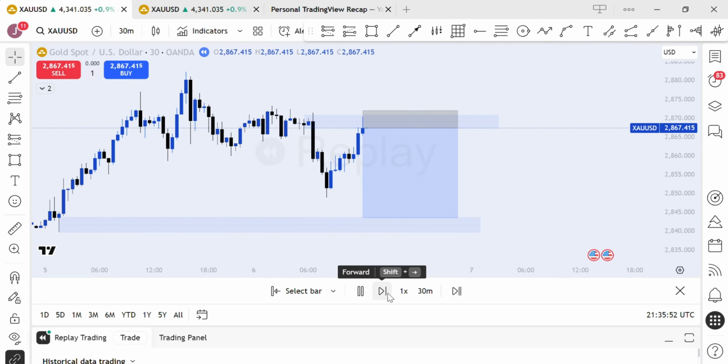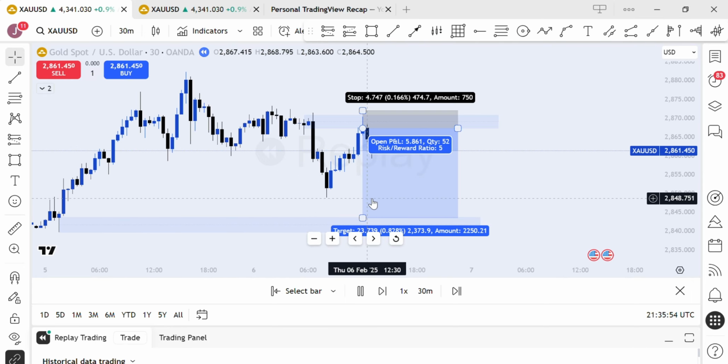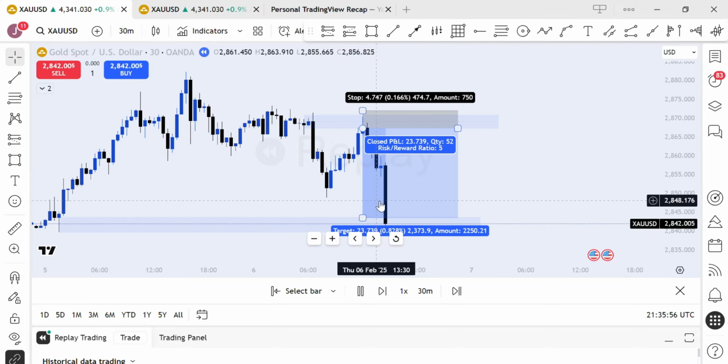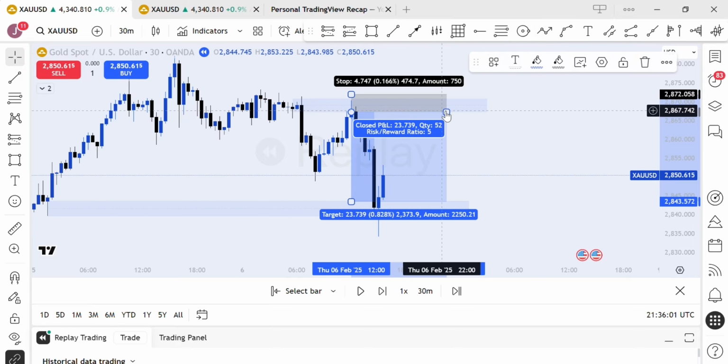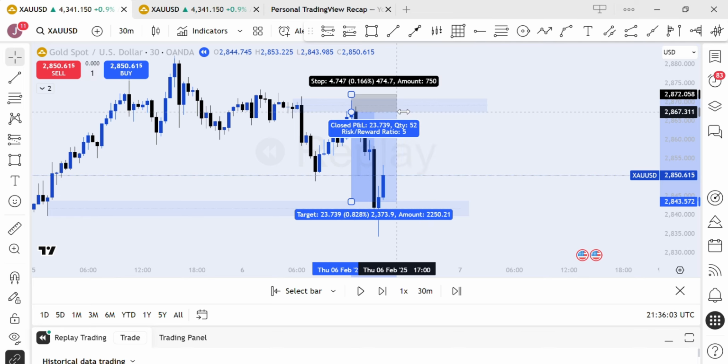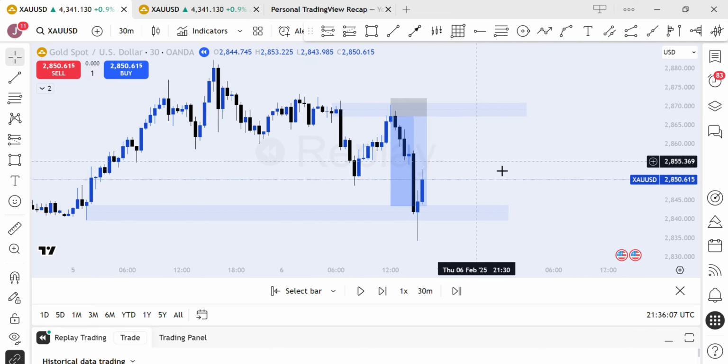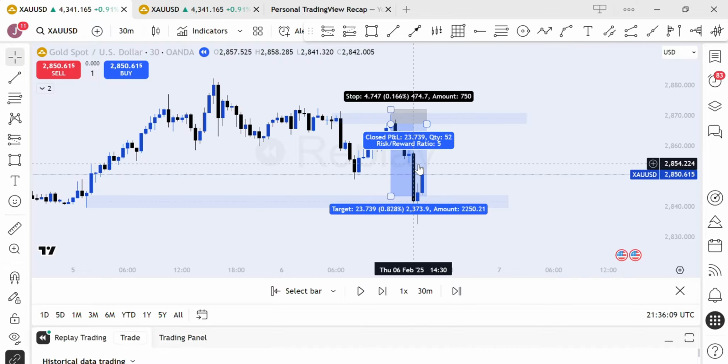So let's see how it goes. TP smashed, guys. So let's see if our buy order block will hold.